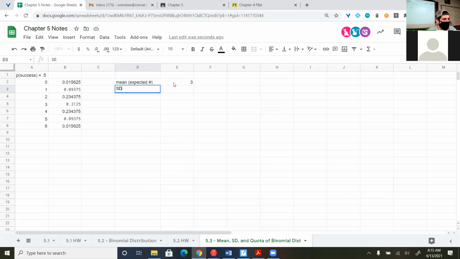And the standard deviation is going to be the square root, which is SQRT, of 6 times 0.5 times 0.5. So the 6 was the sample size, 0.5 was the probability of success. The second 0.5 was the probability of failure. 50-50 shot, half the time they make it, half the time they do not. So in this problem, the mean is 3 with a standard deviation, a give or take, of about 1.2.